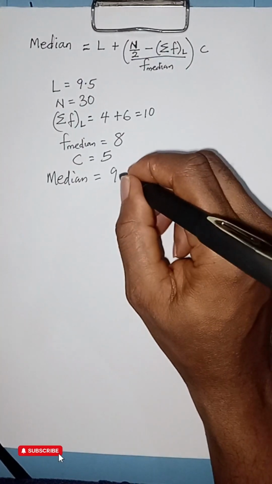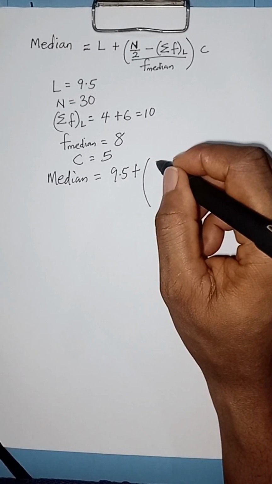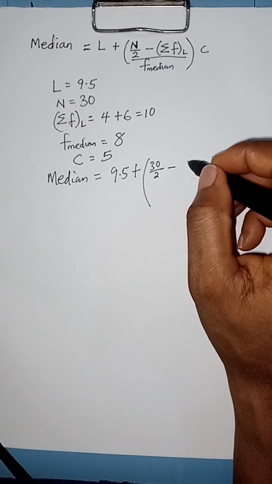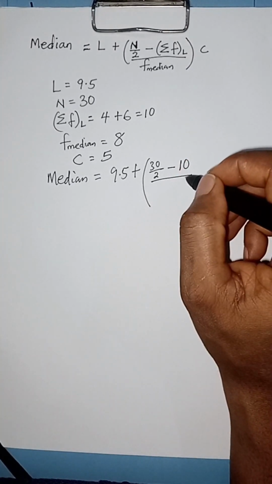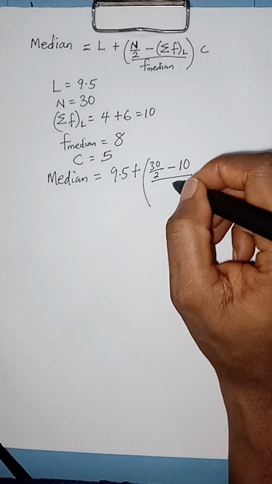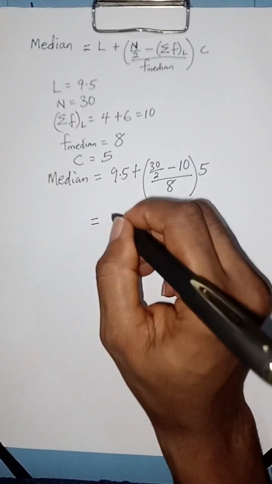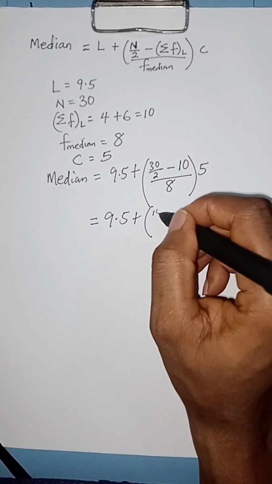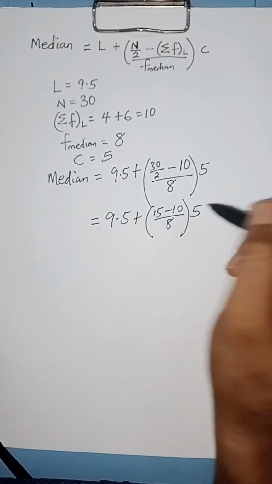Our L is already 9.5, so you write it there, plus your n is 30, divided by 2, minus your summation F sub L, which is 10, then divided by the frequency of the median class, which is 8, close bracket, and your class width is 5. So this is 9.5 plus open bracket, 30 divided by 2 is 15, minus 10, divided by 8, close bracket, multiplied by 5.